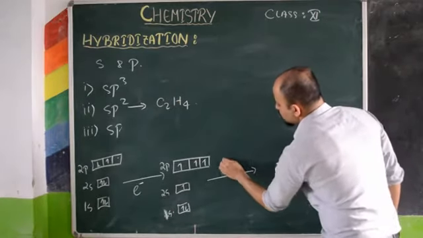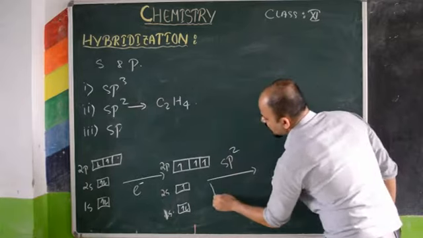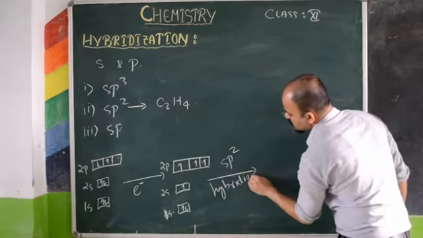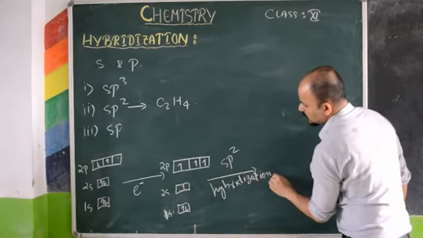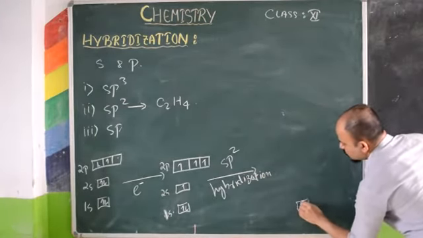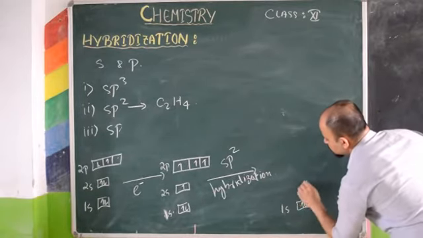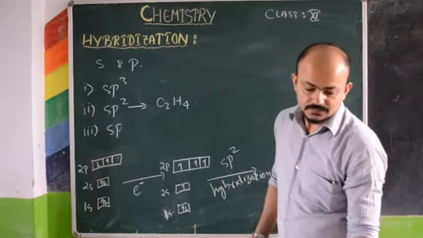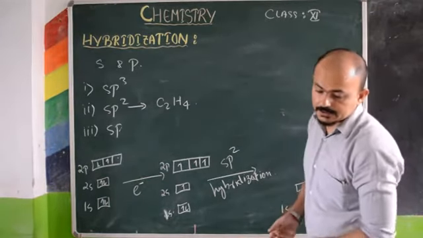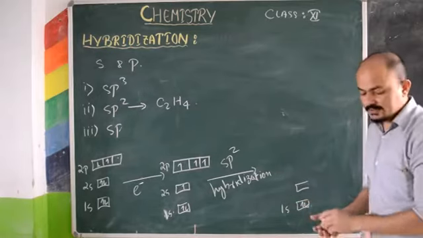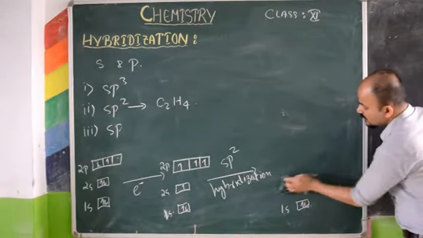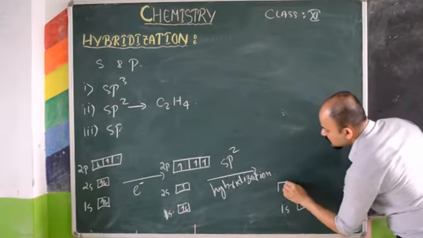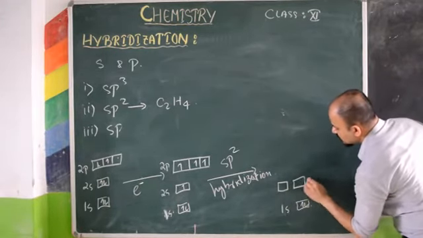Now, in case of sp2 hybridization, the 1s electron will remain as it is, and in sp2 hybridization 3 atomic orbitals will be hybridized to have a similar energy level.